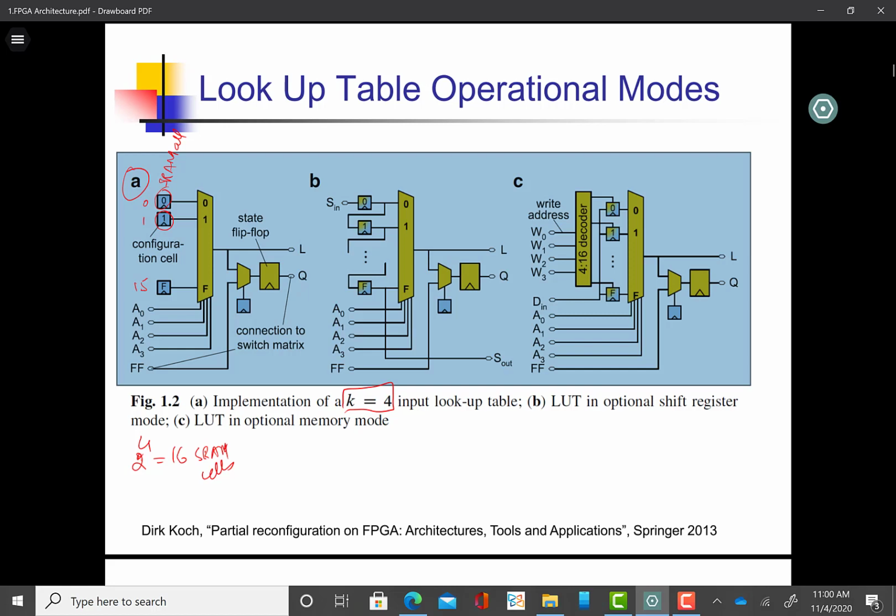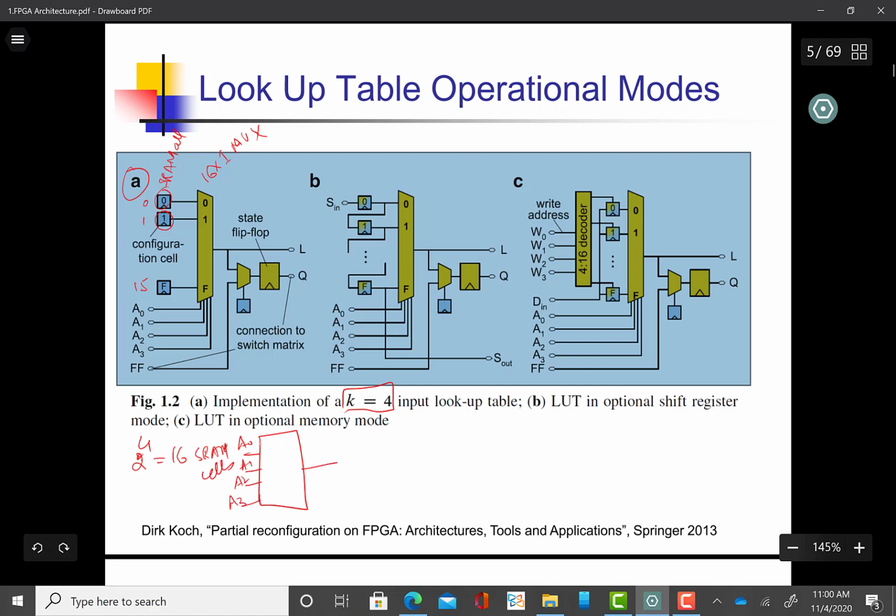And a lookup table is nothing more than SRAM cells combined with a 16 cross 1 mux. So you see, the select lines of the mux are basically your address lines. So these are my address lines A0, A1, A2 and A3.